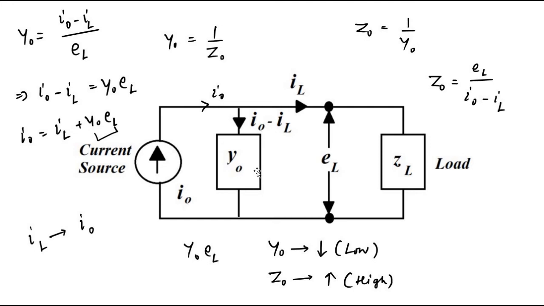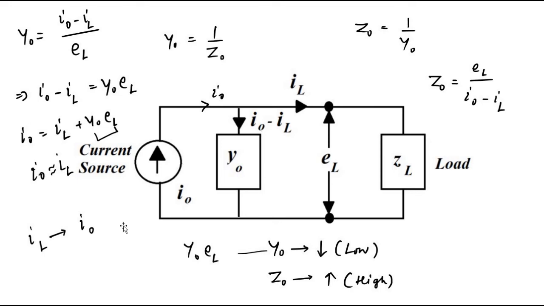Suppose you say high output impedance, it is the same as low output admittance. It is the same thing. So output admittance should be low, or output impedance should be high. Then this extra factor will be less, and I0 will be as close to IL, which we want.